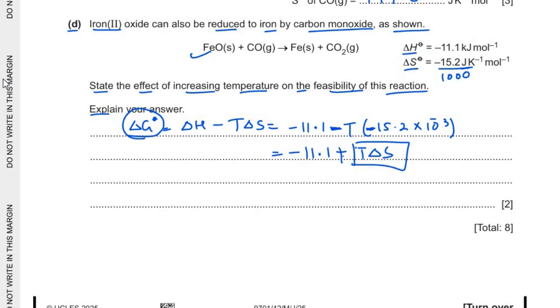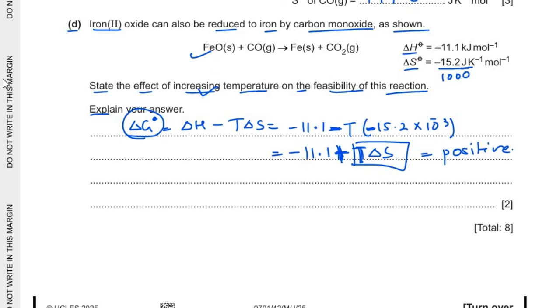Now if the temperature increases, then the second term becomes a higher value, then delta G tends to be positive. So if the temperature increases, the second term tends to be a higher positive value, making delta G also positive. So that shows that an increase in the temperature may decrease the feasibility of the reaction.